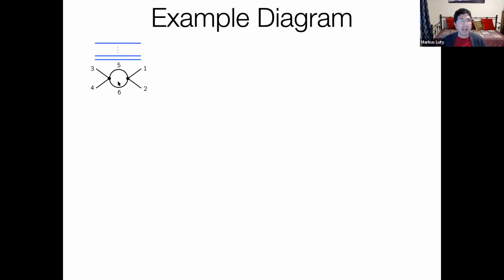So here's a diagram. We have two particles coming in and interacting. But now we have to remember that this is being sandwiched between initial and final states that could contain any number of particles, right? So we could have an initial state with 1 million particles, or maybe not 1 million, but maybe 10, okay? And so in this diagram, there are these other particle lines.